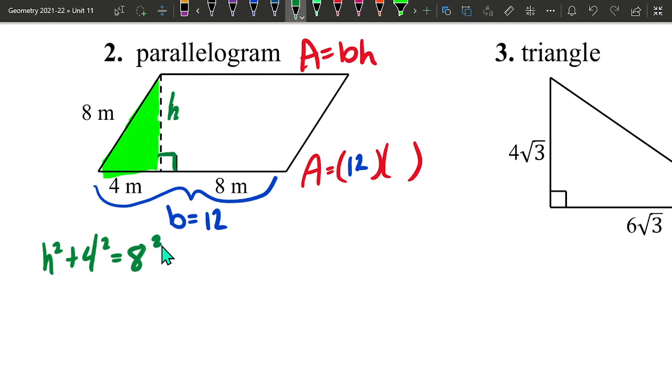I know 8 is going to be my largest number. So the height is less than 8. I know that much. And then I want to subtract the 4 over. So H squared equals 8 squared minus 4 squared. So then H squared equals 48.